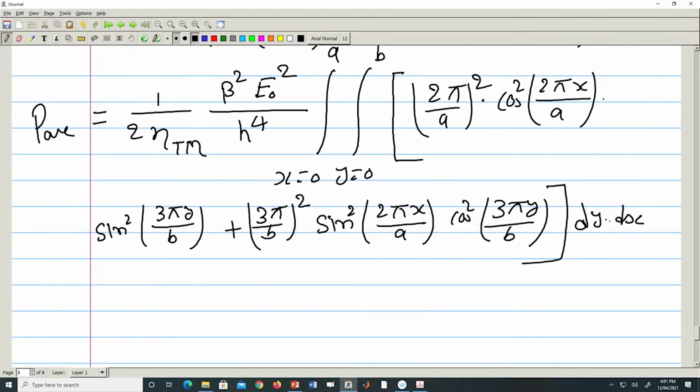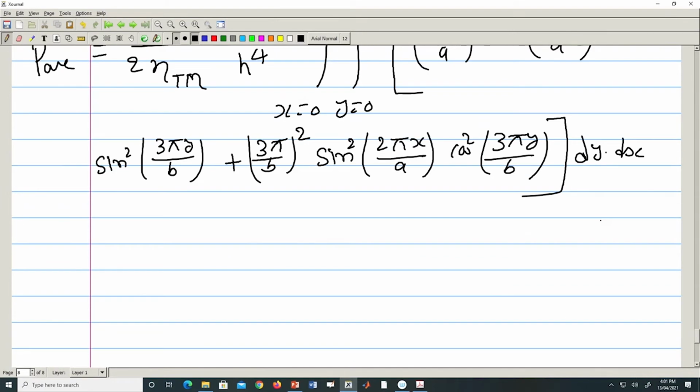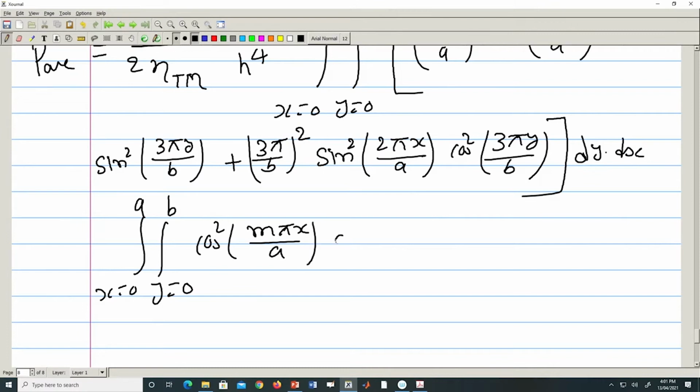So, we know the integration rule. The general formula is x equal to 0 to a, y equal to 0 to b, cos square m pi x by a into sin square n pi y by b dy dx.